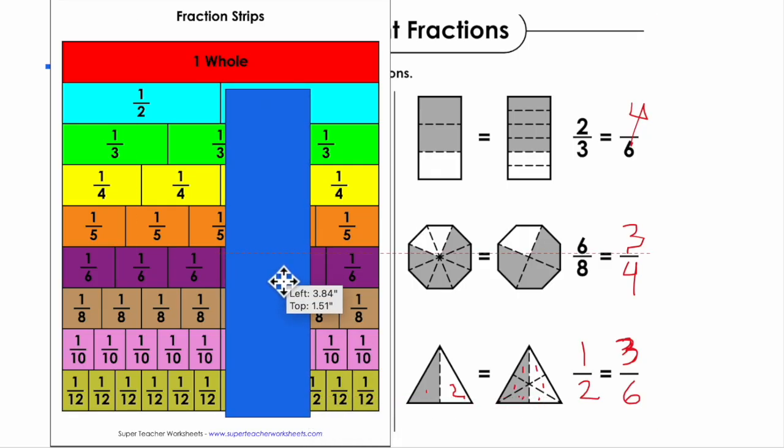So we lined it up with 1/2, and look at this. 1/2 is equal to 3 sixes. 1/2 is also equal to 2/4, which is also equal to 1, 2, 3, 4 eighths, and 1, 2, 3, 4, 5 tenths, and 1, 2, 3, 4, 5, 6. 6/12 are all equal to 1/2. All right, let's keep practicing. We're not done yet.